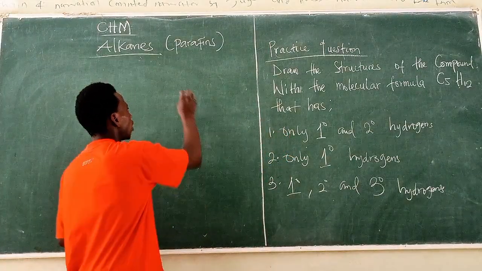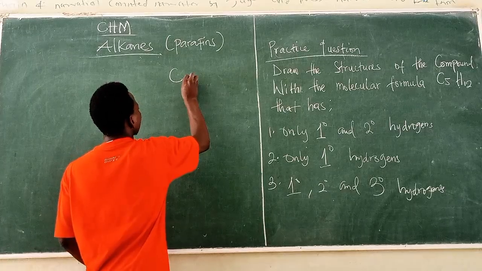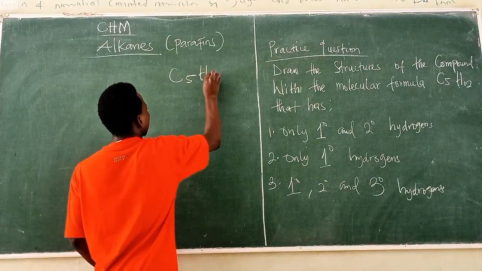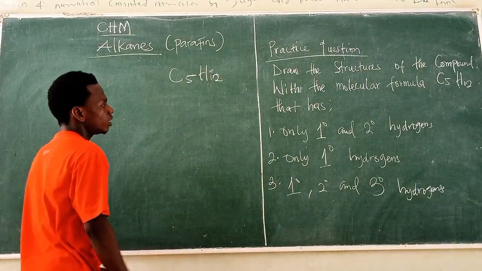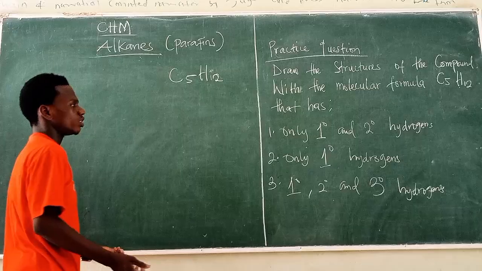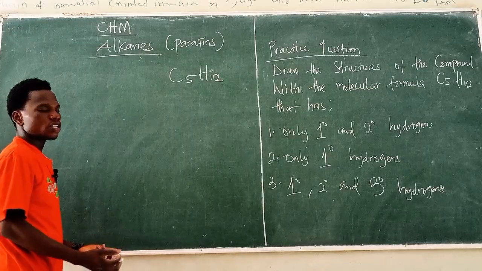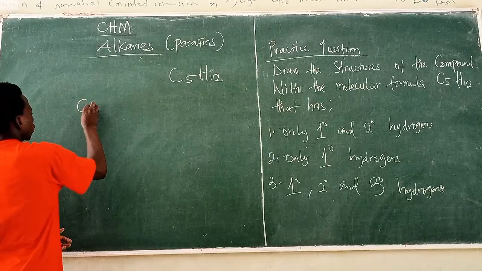Now, the first question says we should draw the structure that has just primary and secondary hydrogen atoms. Now, the molecular formula of that particular compound is given as C5H12. Already we know that a primary carbon is always found at the terminal.